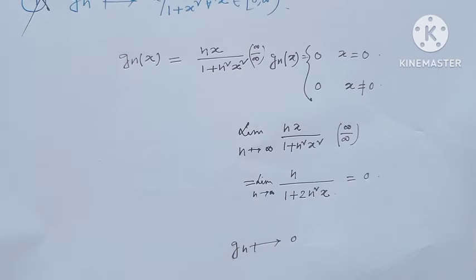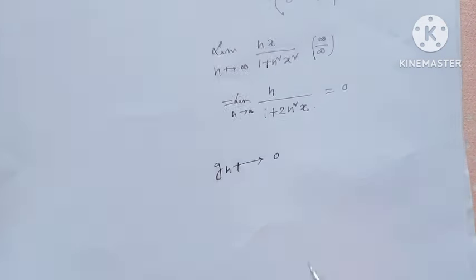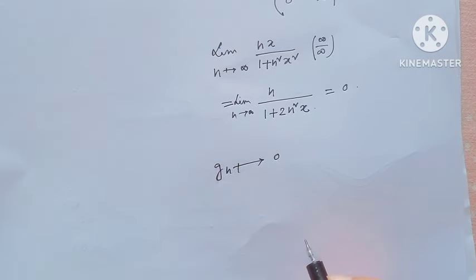Now I will see whether this convergence is uniform convergence. For this, at first I will use the subsequence test. What is this test?